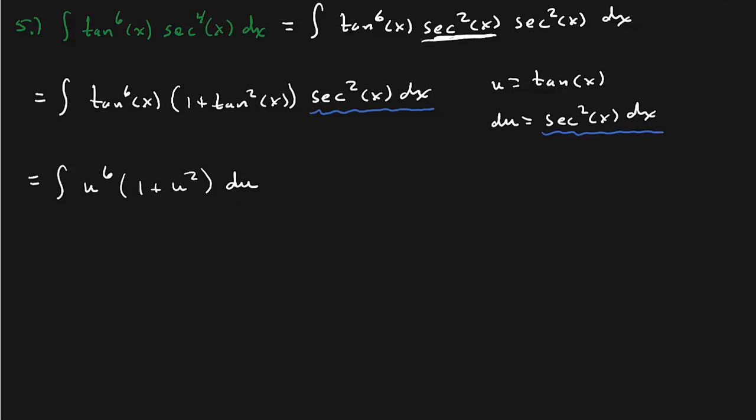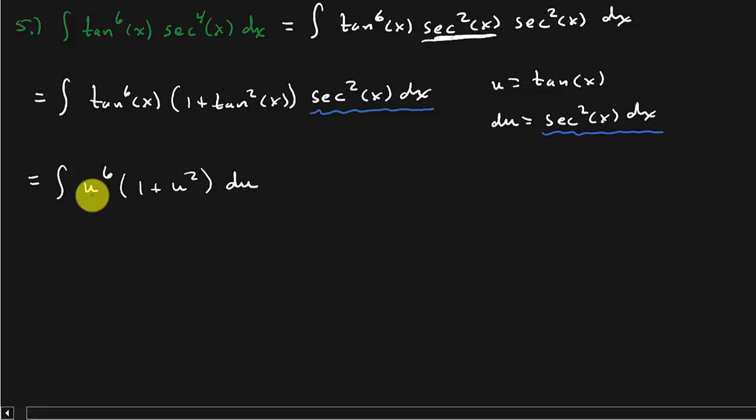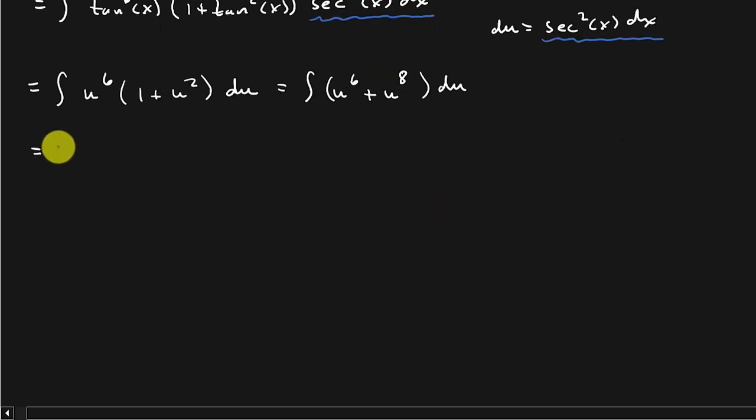All right, and so now let's distribute this u to the 6th. So that's going to be u to the 6th plus u to the 8th du. And so we're going to get 1/7 u to the 7th plus 1/9 u to the 9th plus c.